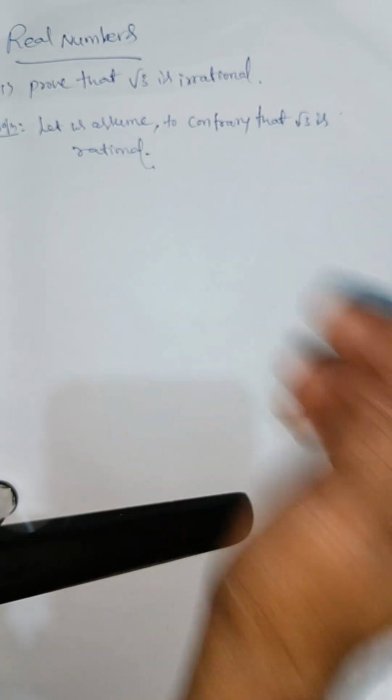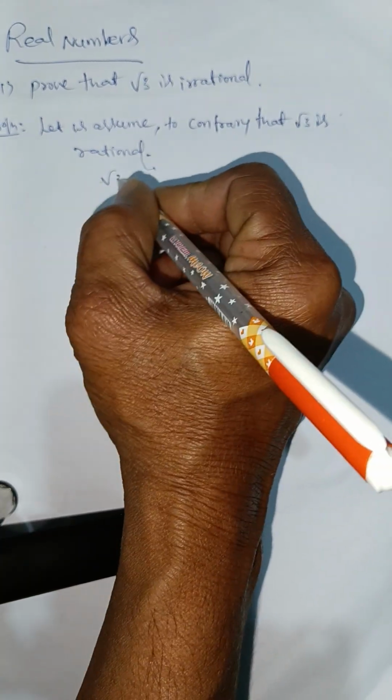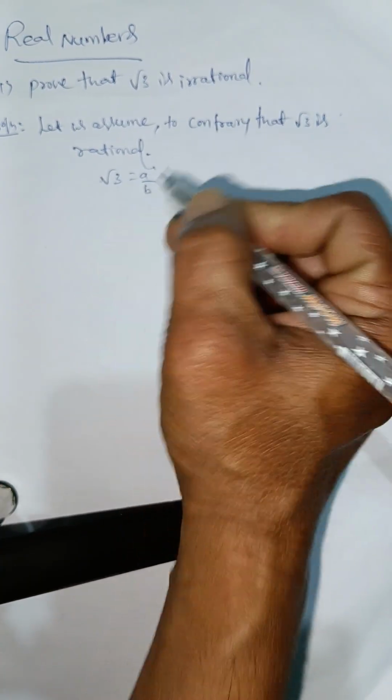Now, I'll write in this one, that is root 3 is equal to a by b.